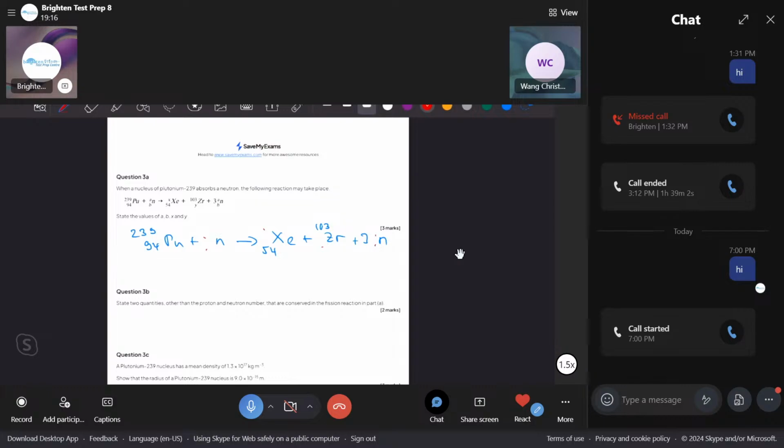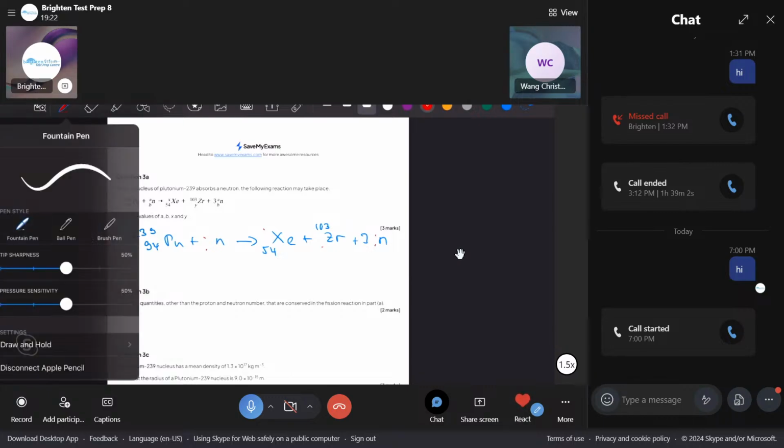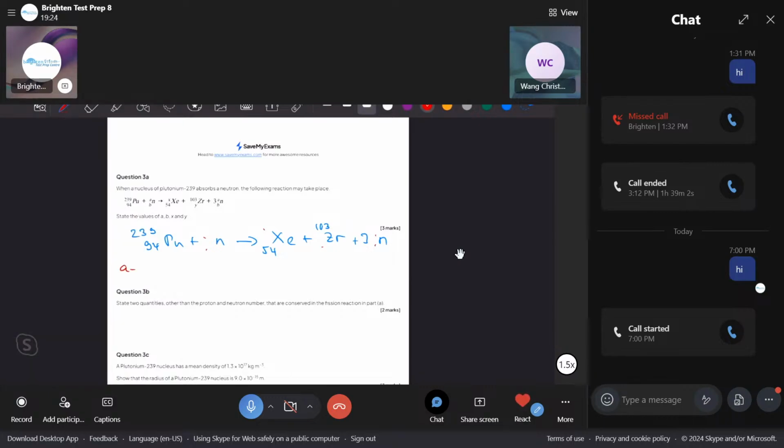A is 1 and B is 0. How come? Because neutrons have a relative mass of 1 and no charge.